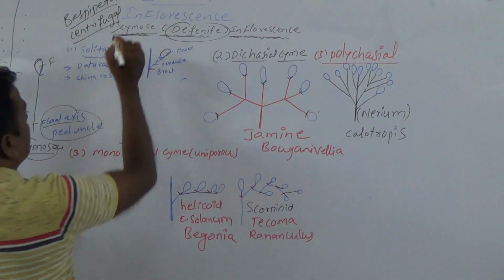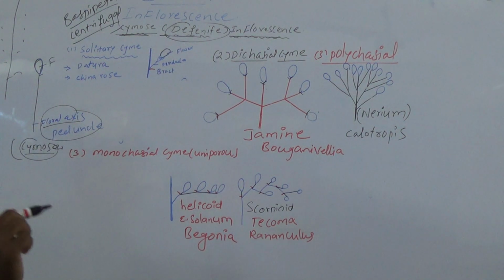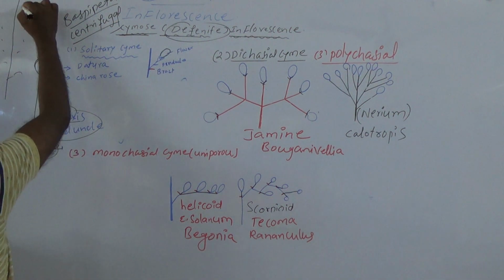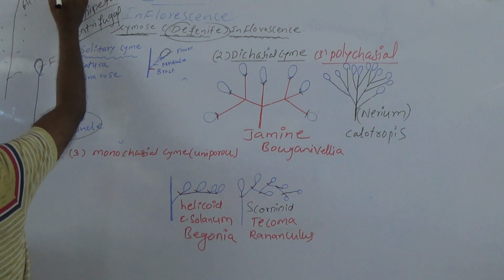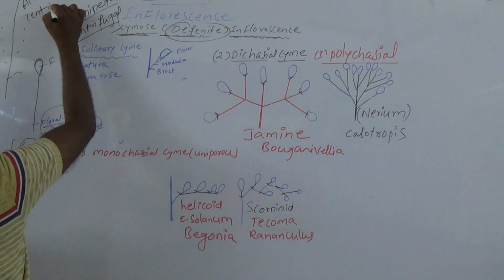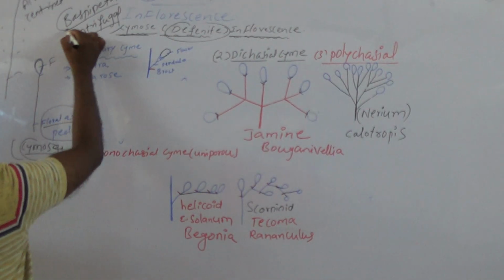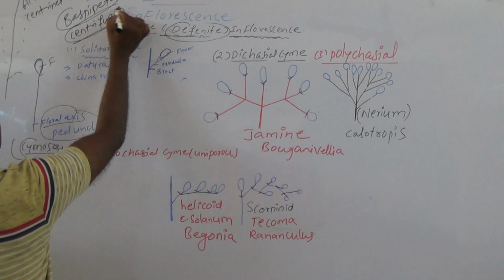But in racemose, students, the flowers are arranged in two manners: one is acropetal manner and the other is centripetal manner. In cymose, basipetal and centrifugal.